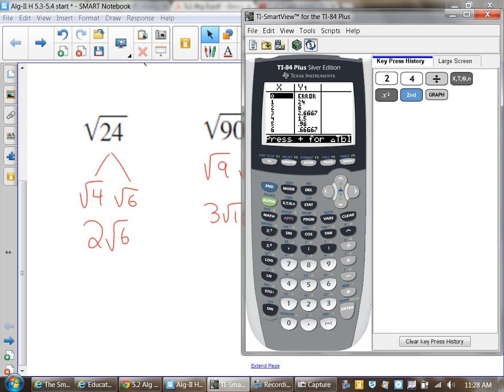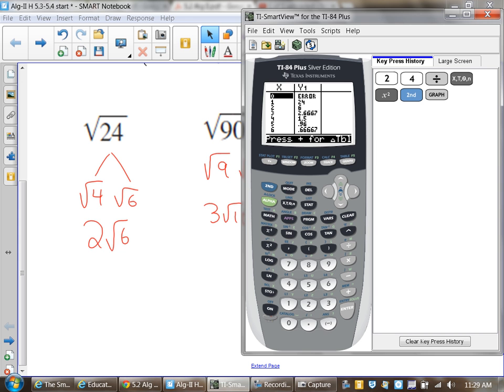Now, I want you to start scrolling through the positive values of x. So if I'm looking at my positive values of x, I have 1, 24, 2, 6, 3, 2.6, whatever, 4, 1.5, 5.96, and so on and so forth. What I'm doing here is scrolling through my values of x and y, looking for the smallest positive integer that I get in the y column.